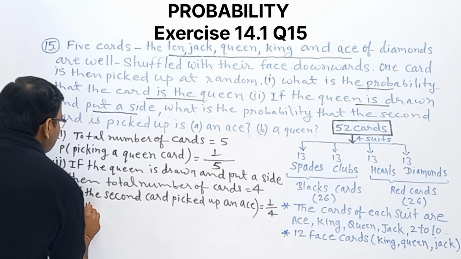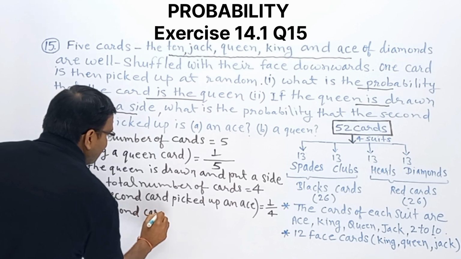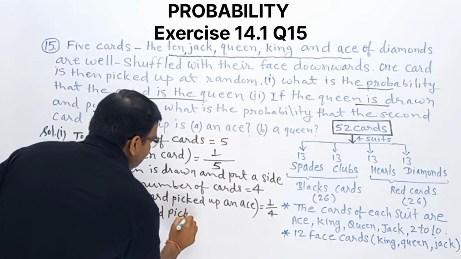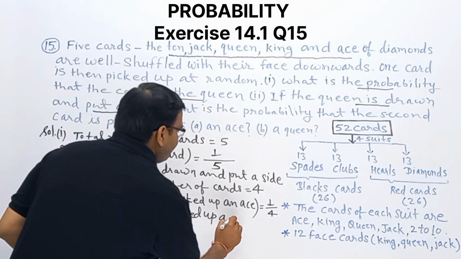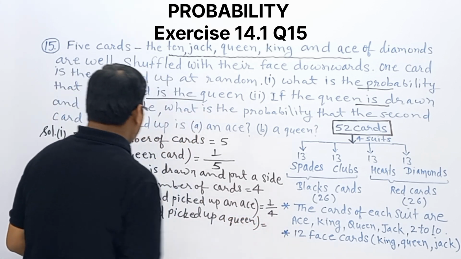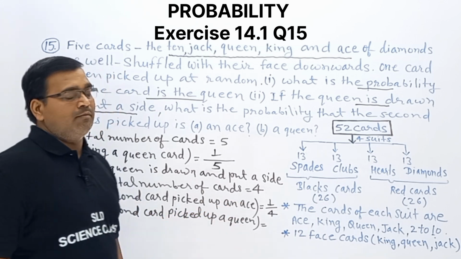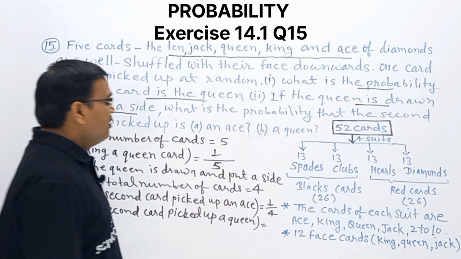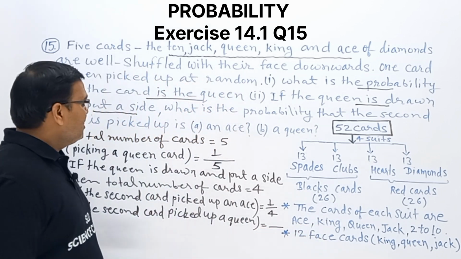Probability of the second card picked up being a queen. Now what about the probability of the second card picked up being a queen? We have 4 cards in the second one.